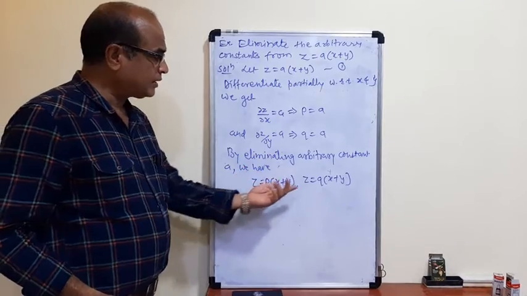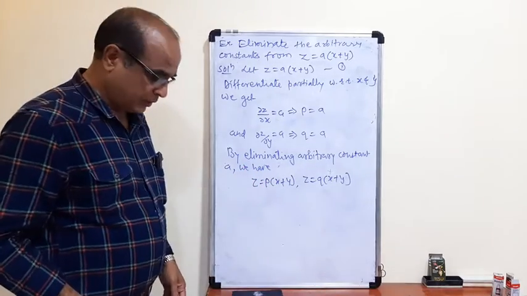Why do we get two partial differential equations?